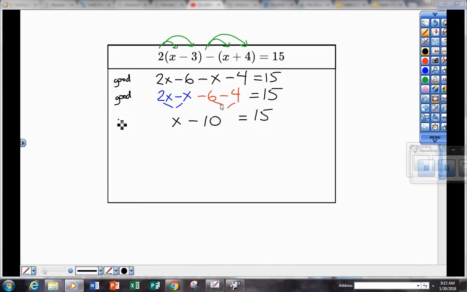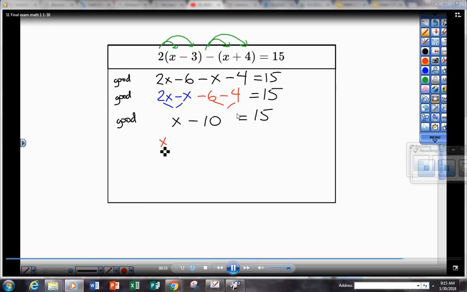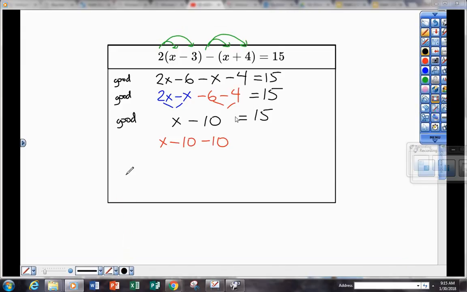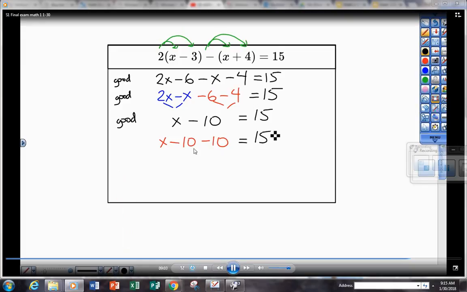That is good. Here comes the bad part. They're going to do the wrong inverse operation. They're going to subtract 10 on both sides. Even though they're doing the same thing to both sides, you wouldn't want to do that. These would not cancel away. These would combine to give you negative 20. The way they write it, they have these cancel away and give you x equal 5. That would not happen.